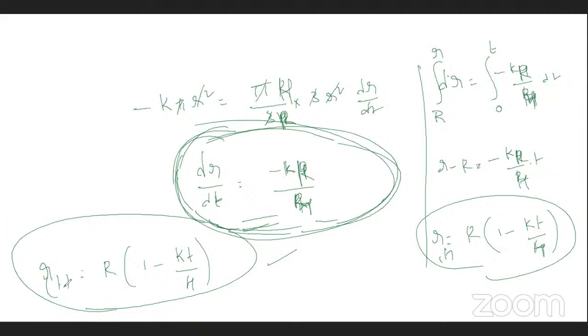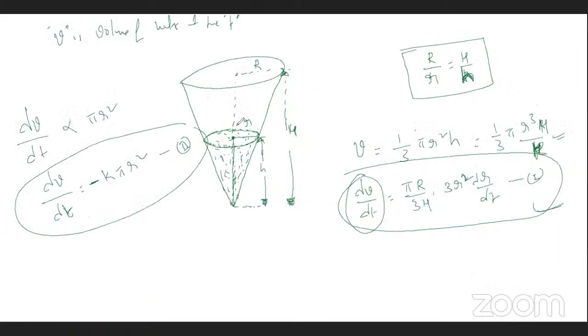Now if we put t equals 0 here, what is the radius? Capital R. What are they asking? At which time the cone is empty. So what should we do? At which time the cone is empty, what is the process? Here the radius is varying, right?